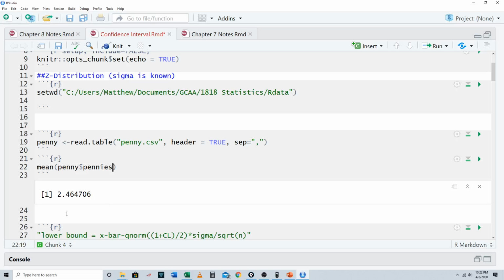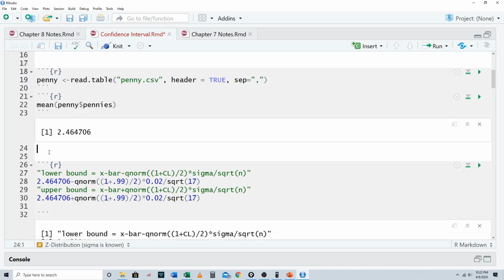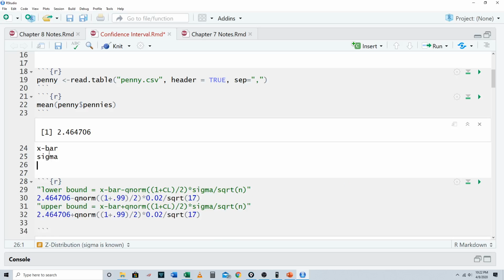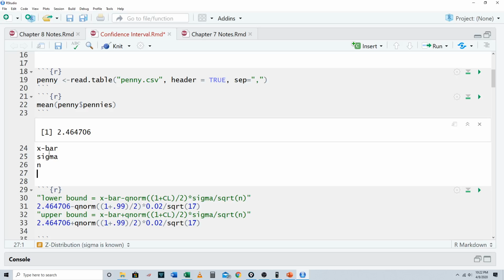So I'm going to set up that formula, which uses X bar, right, and uses sigma and n, and then our confidence level, CL. So this is the sample mean. You don't have to type any of this in, but I'm just kind of putting notes on R, and I'll post these notes as well.